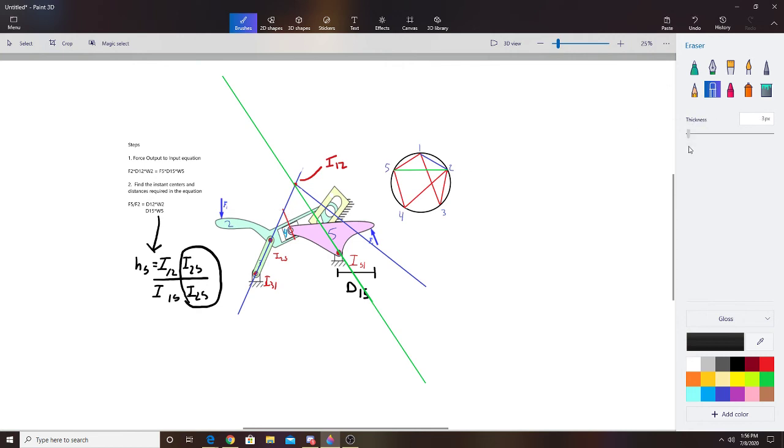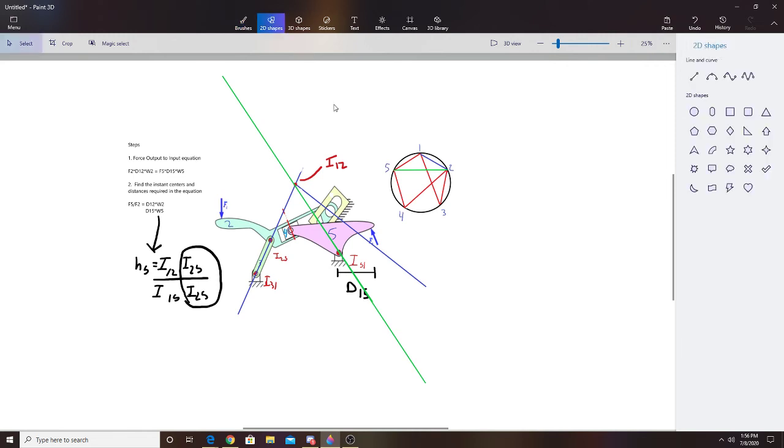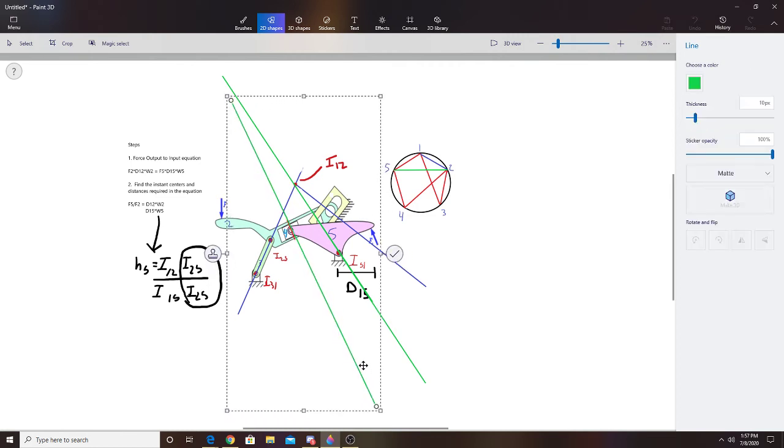So while we do this, let me get rid of this stuff. That's not going well. Anyway, so it's I4,5, which is this revolute, and I2,4, which is a slider. So what you do is you take that up and down one, and you move it to the revolute point. And so that would be right there.